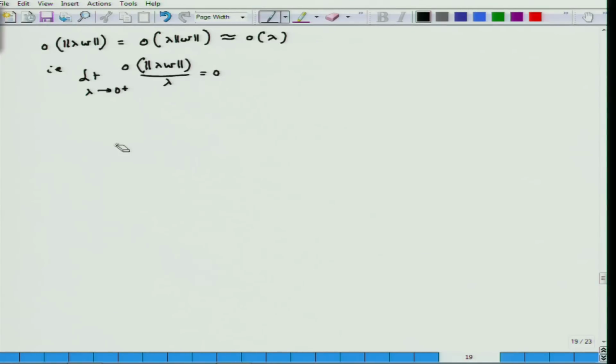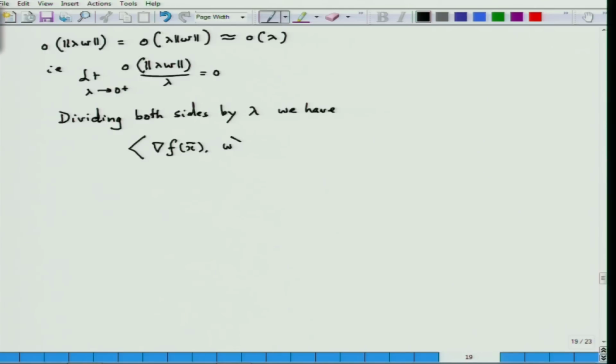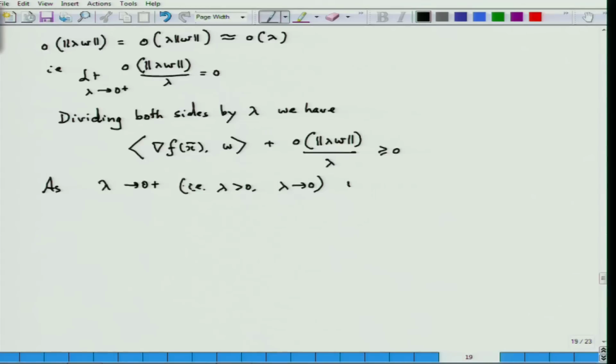So, let me write down more clearly. We have grad f x bar transpose w plus o of norm lambda w by lambda greater than or equal to 0. Now as lambda tends to 0 plus, that is lambda is strictly bigger than 0 and lambda is going to 0, we have grad f x bar transpose w greater than or equal to 0, because this term will go to 0.